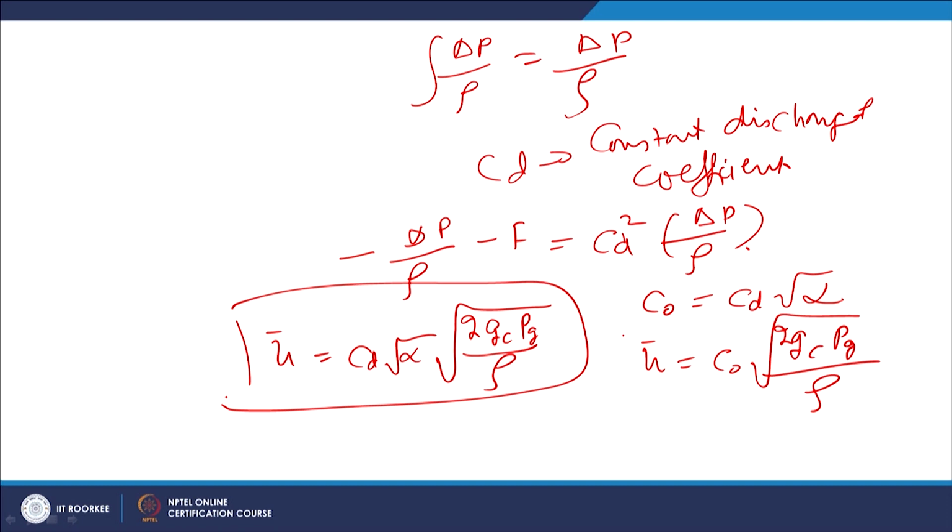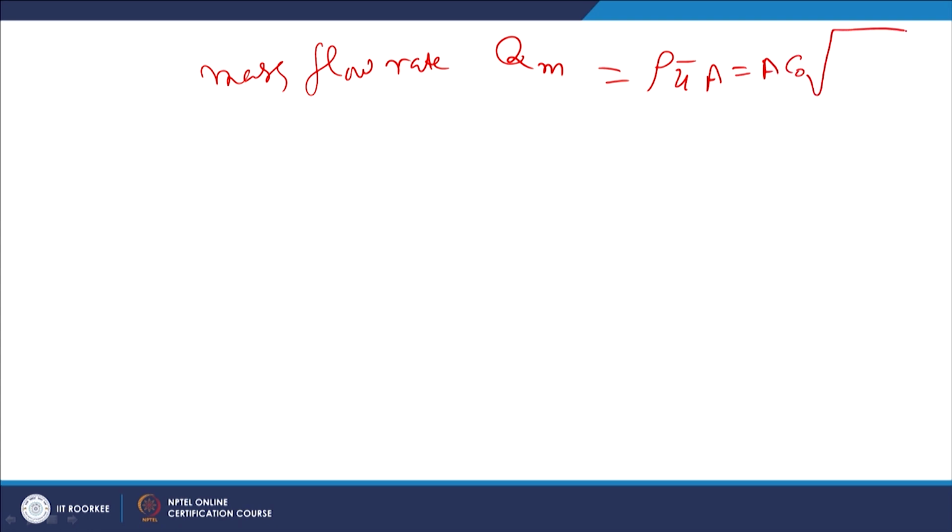So after certain derivation, the mass flow rate Qm is equal to rho U A is equal to A C naught under root twice rho gc Pg.